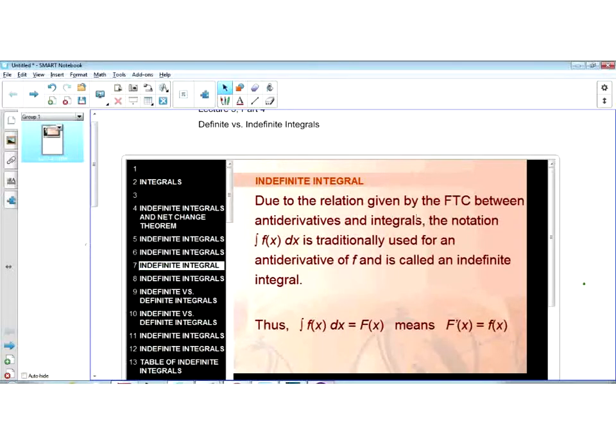Due to the relation given by the FTC between antiderivatives and integrals, the integral of f of x dx is traditionally used for an antiderivative of f and is called an indefinite integral. Right here, this is the symbol. The integral of f of x dx is equal to the antiderivative of f of x, and that means that the derivative of the antiderivative is just the function.